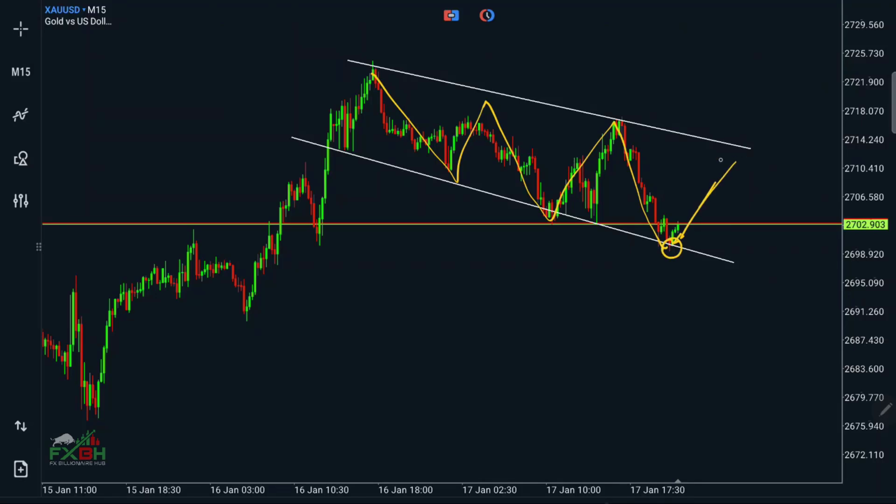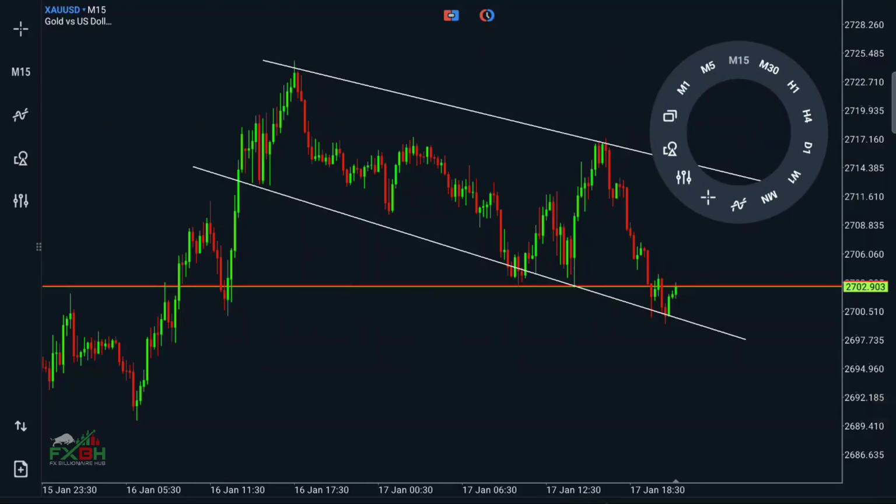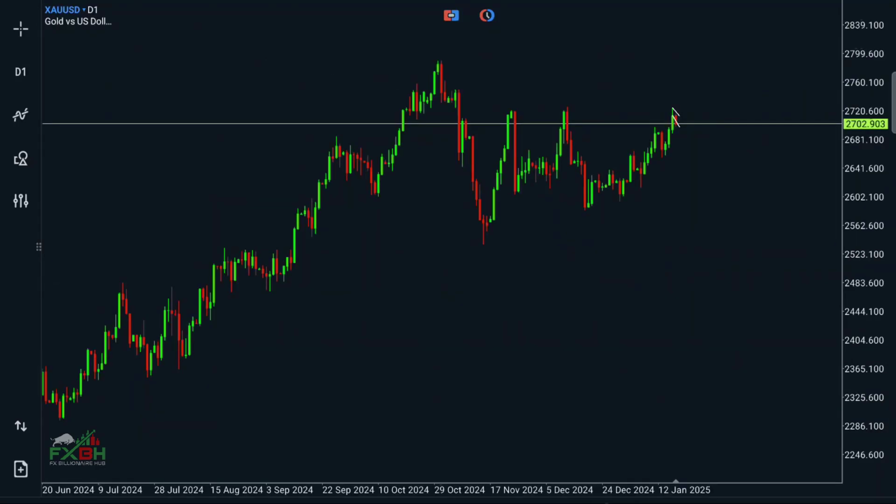So the market is on a buy trend, so you may wait for the confirmation. You may take entry on a different time frame or different perspective. It depends on your trading style. Which time frame do you want to trade, or which time frame do you prefer to trade?